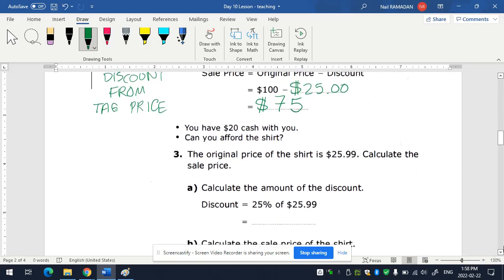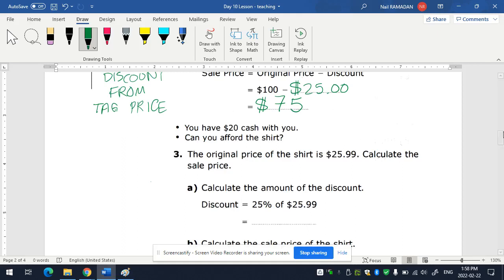Okay, come on. So you have $20 cash with you. Can you afford the shirt? They talk about the same shirt. Oh, the shirt, not the jacket. The jacket is 75.